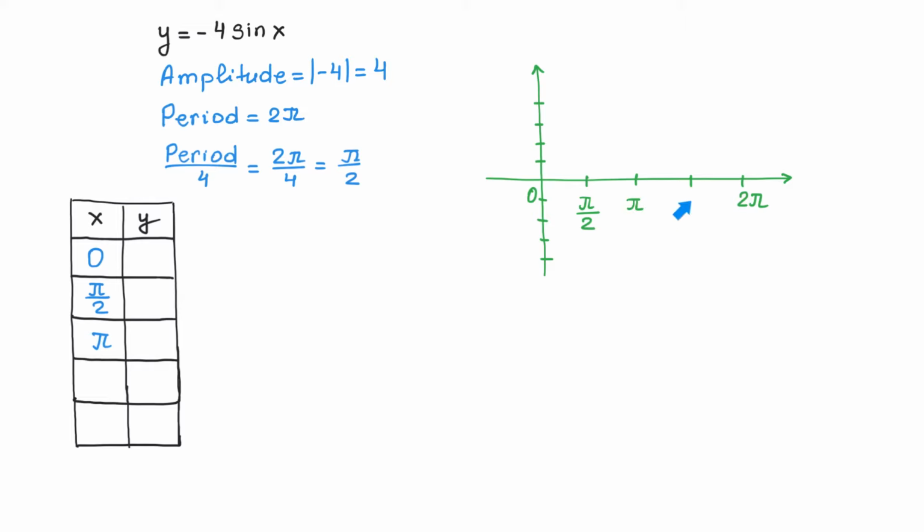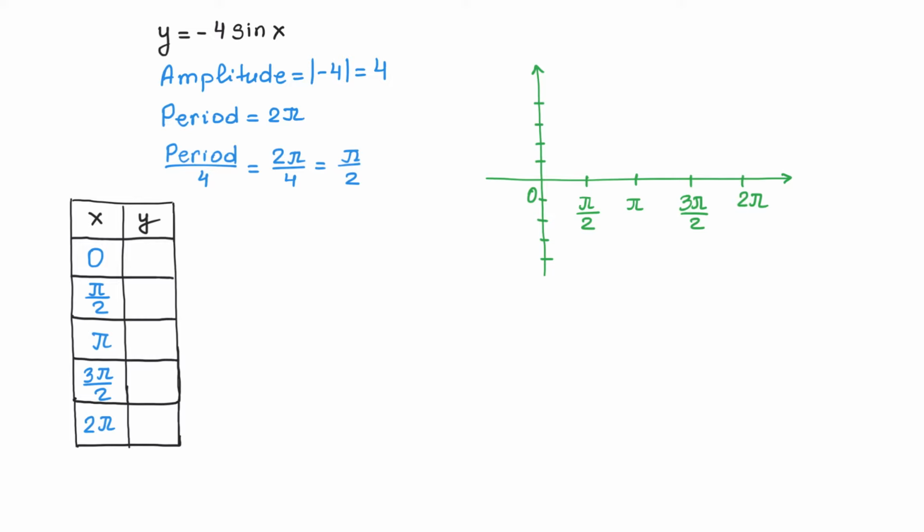Now to get the next coordinate, we take pi and we add pi over 2, which will give us 3 pi over 2. So let's add this to the table, 3 pi over 2, and also to the graph. And now the last value that we will need to graph this function over one period is 2 pi, and we will add this to the table.